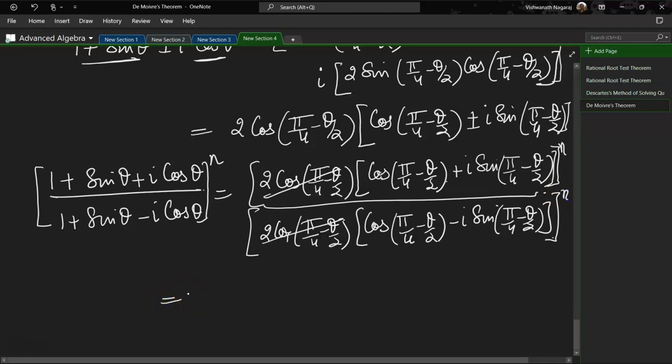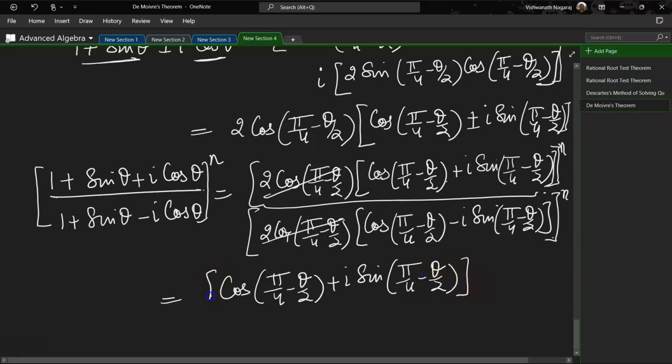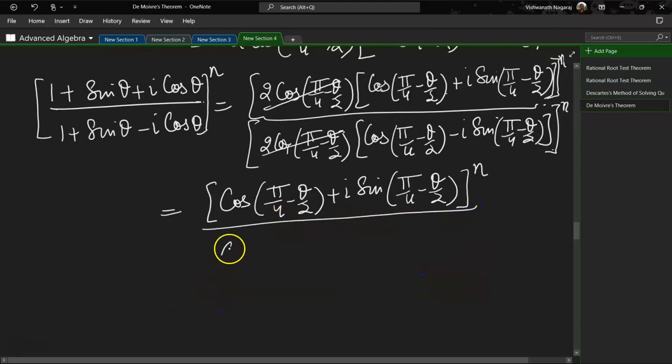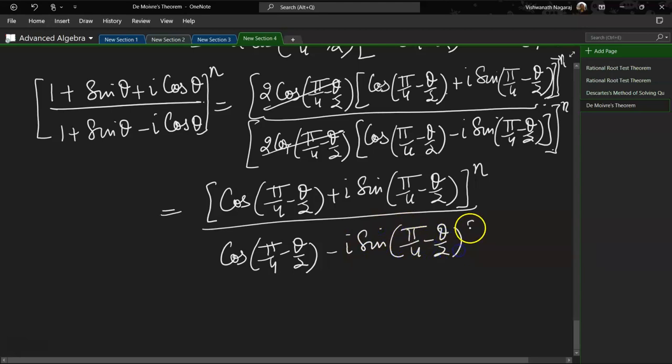So what do I end up with? I end up with (cos (pi by 4 minus theta by 2) plus I sin (pi by 4 minus theta by 2)) to the power of n divided by (cos (pi by 4 minus theta by 2) minus I sin (pi by 4 minus theta by 2)) to the power of n.